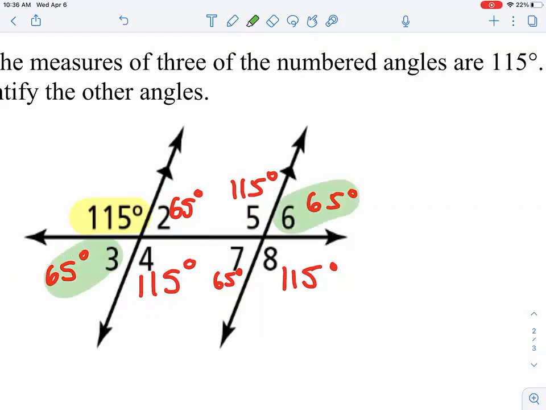Angle 3 and angle 6 are alternate exterior, because they're on the outside. They are also congruent. Now, notice if they're on the same side, like 2 and 5, they're not congruent, but they are supplementary. Okay, so the consecutive interior angles are supplementary.